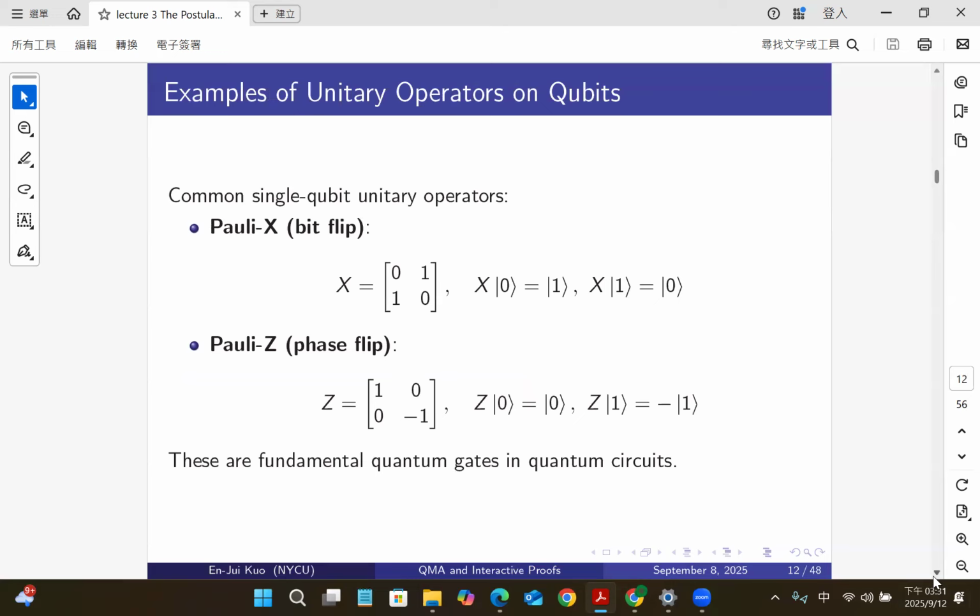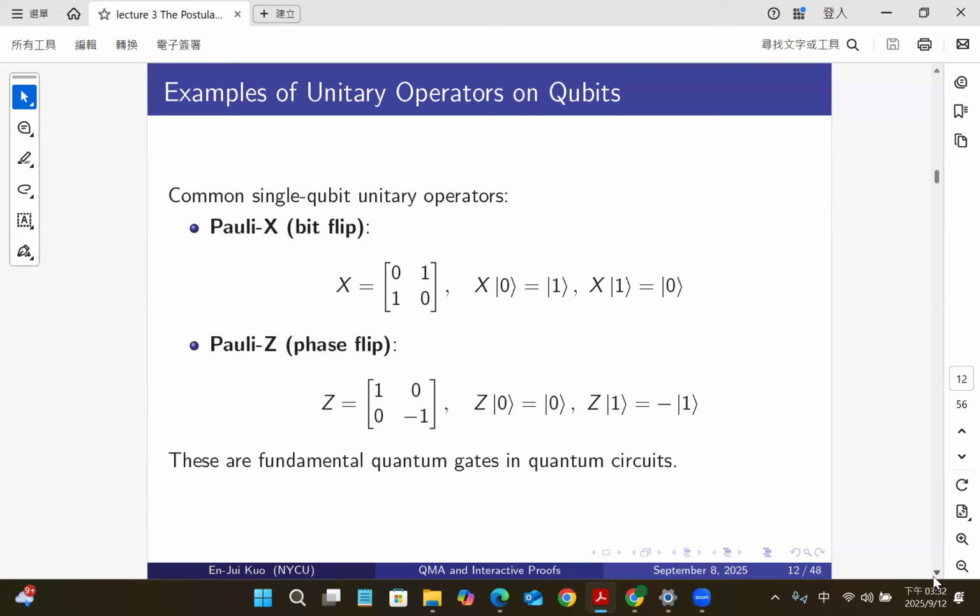The unitary operation on a bit, for example, is X. Okay, so now we can use this bra-ket notation.